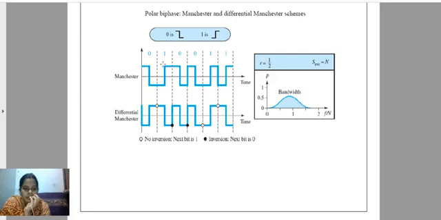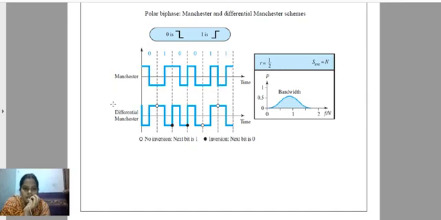Okay, so देखो 0, यहाँ पे हम लोग ऐसे इन्वर्शन लिए हैं, मतलब high to low is 0, low to high is 1. Okay, so for Manchester scheme, high to low is 0, low to high is 1, high to low is 0, low to high is 1. 1 यहाँ पे है तो क्या होगा, लो टू हाई होगा.